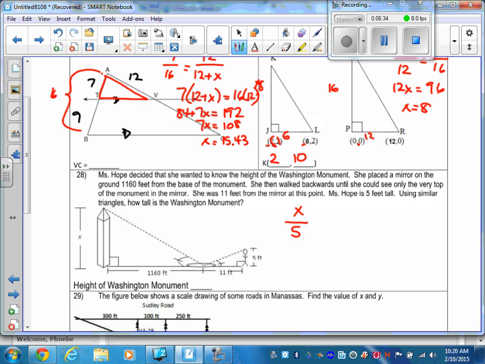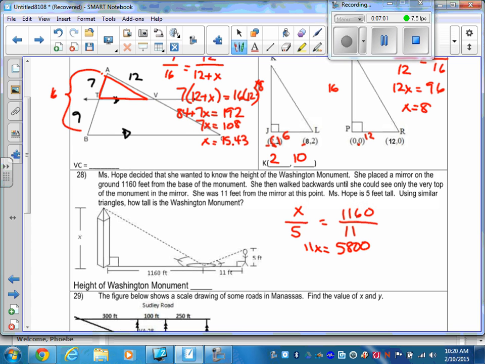And so the next piece is going to be 1,160 over 11. So there's our proportion, because these triangles are similar. So 11x, using cross products, equals 5 times 1,160. And that is 5,800.